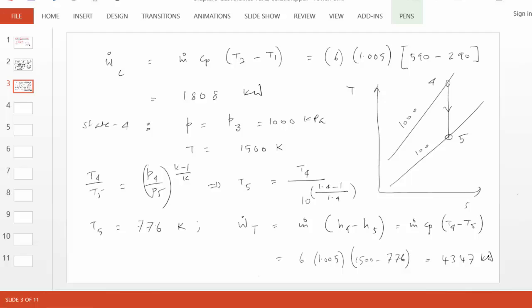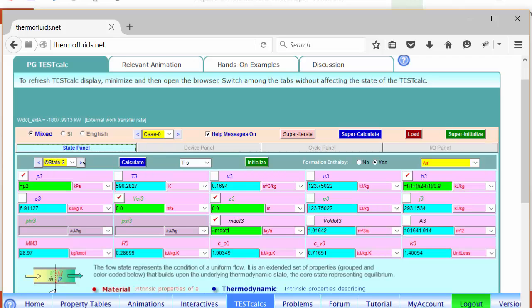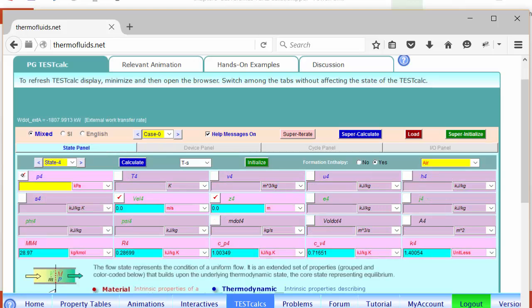Okay, so let us go and check if the answer holds up when we verify with TEST calc. State 4, pressure equals P3 and temperature equals 1500 Kelvin. This is the turbine inlet condition. Very simple, mass flow rate equals m dot 1.